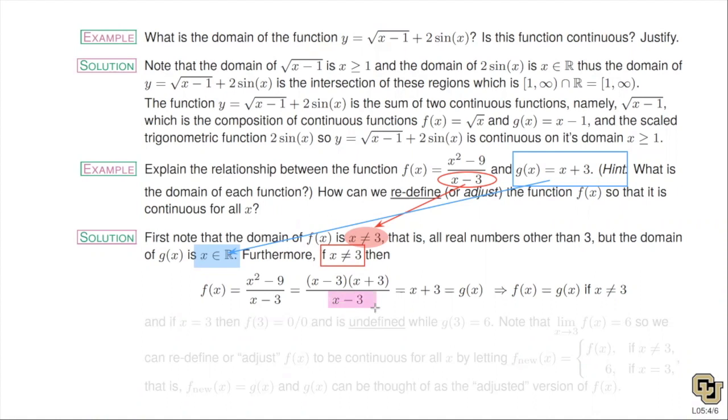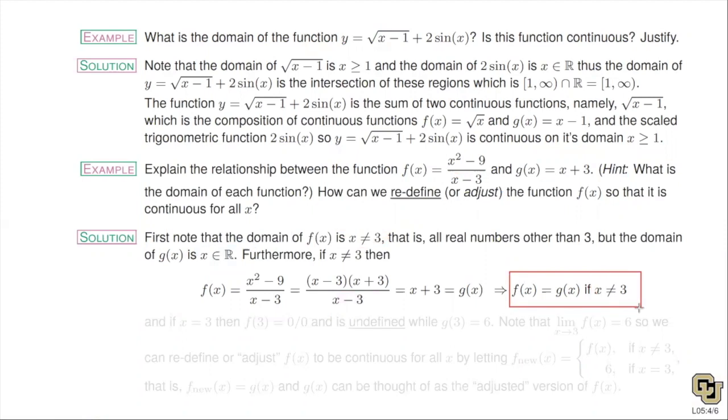This math wouldn't make sense if we were dividing by 0. If x is not equal to 3, then I can factor the numerator, I can cancel, and in fact, when x is not equal to 3, it's true that f of x is the same as x plus 3. That's the main important thing here.